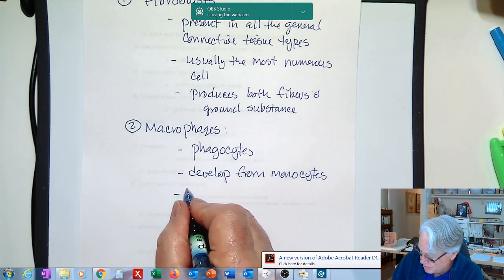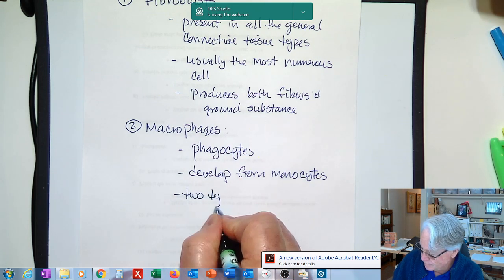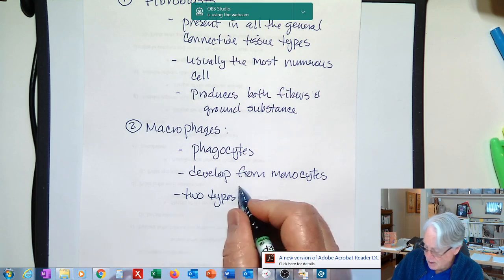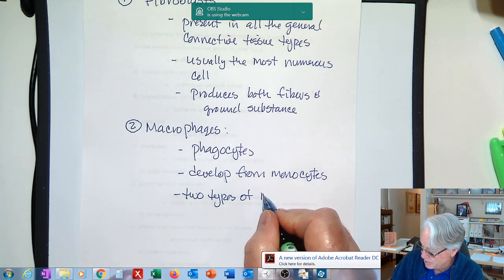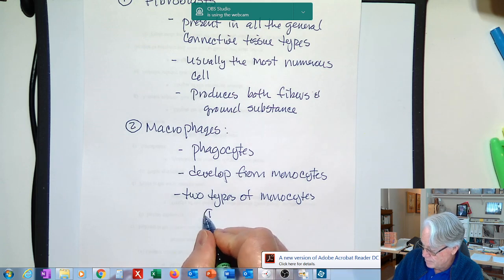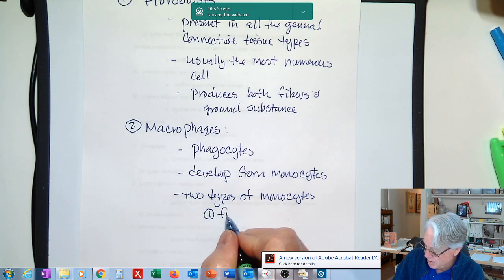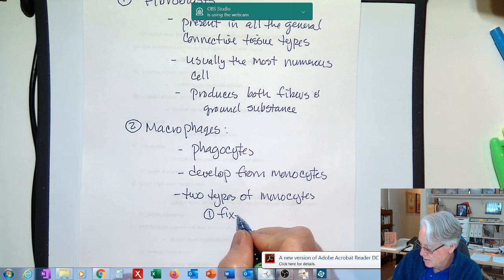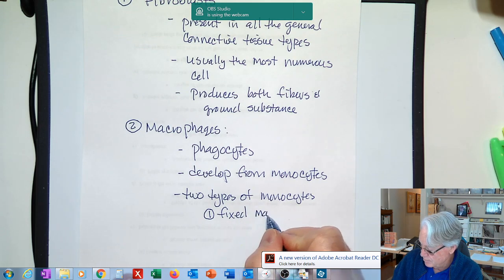There are two types of macrophages. Number one, fixed macrophages.